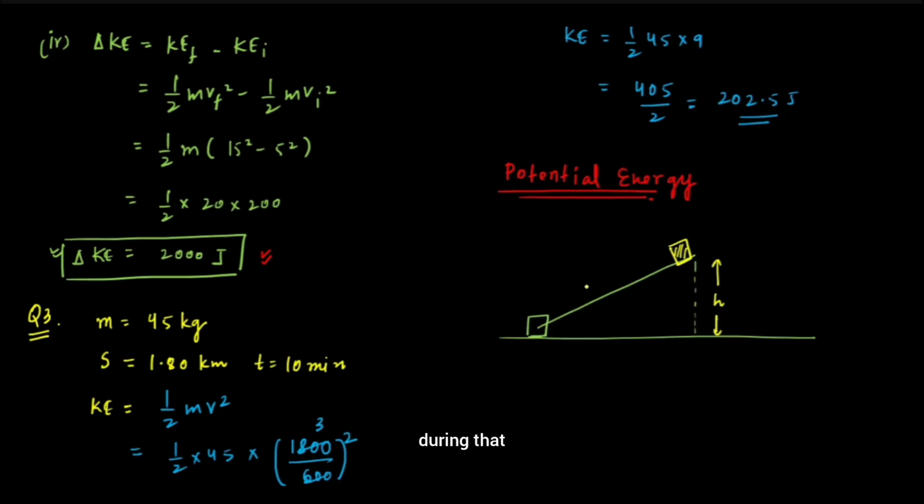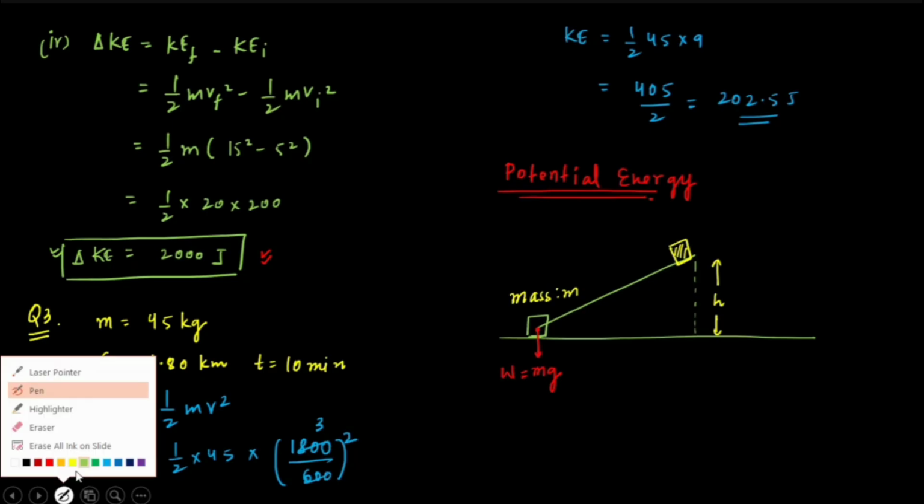So during that change in its position, what we generally observe here is that throughout the motion, there must be a force acting, that is its weight, in the downward direction. So when this force acts in the downward direction, the displacement is done in two different directions.